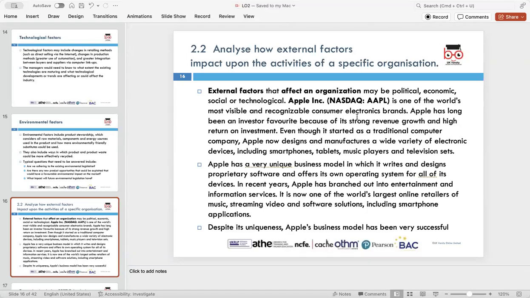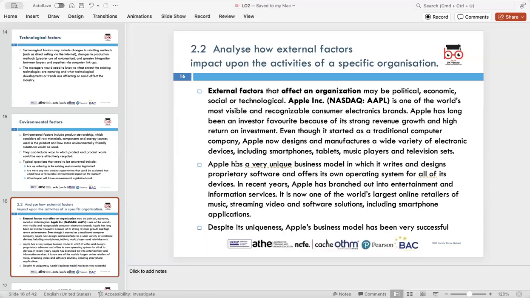Apple creates and manufactures all of these products. One of the most distinctive aspects of Apple's business model is that it is a company that writes and designs. The company uses its own proprietary software and provides its own operating system for all its products.